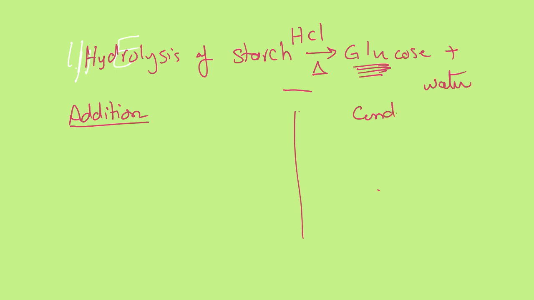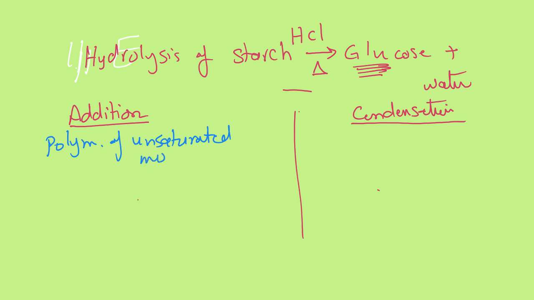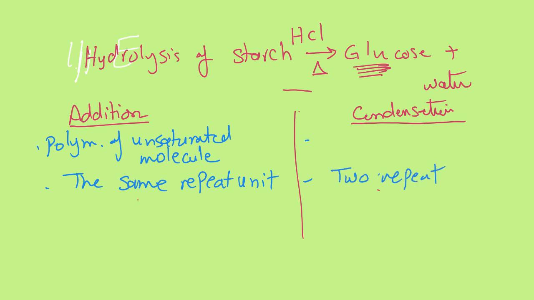Addition polymerization happens with polymerization of unsaturated molecules. It is the same repeat unit which is repeated. But in condensation, in most compounds, we have two repeat units, except in starch.